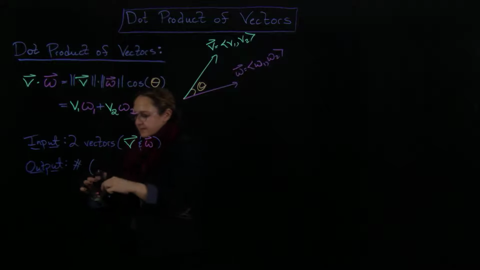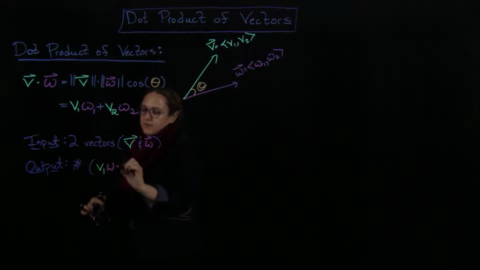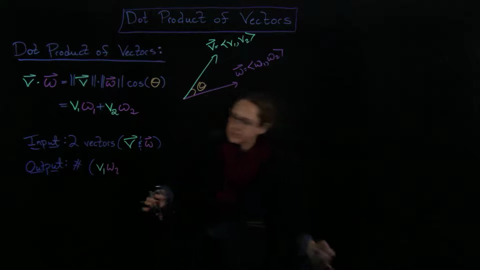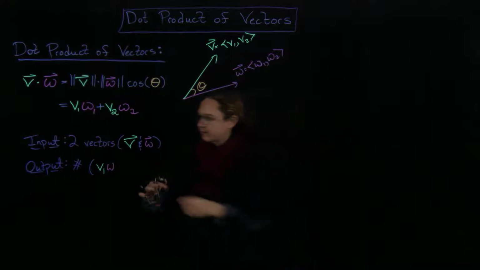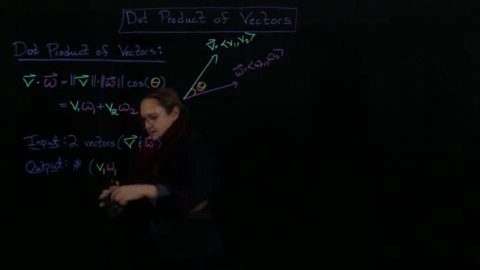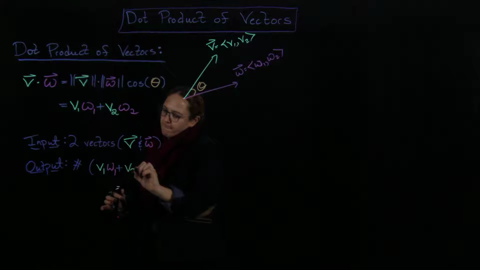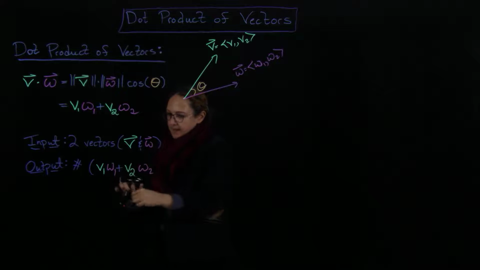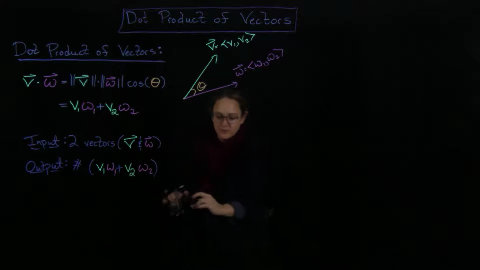It's the number v1 w1 plus v2 w2, because these are numbers, and because I'm multiplying and adding numbers, I get a number. But my input are two vectors.